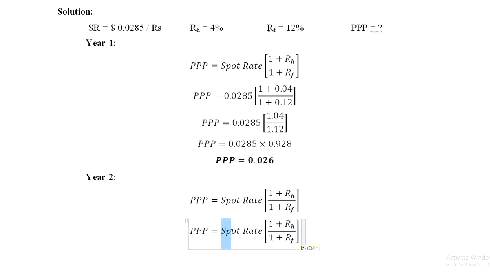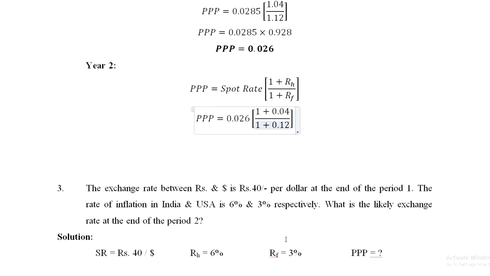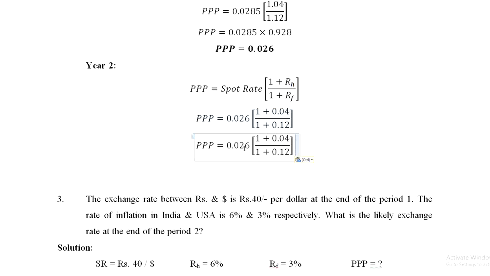So what we have to do is use 0.0264 as the spot rate. And what is the rate of interest? It is going to be the same rate of interest. He says 0.04, and this one is going to be 0.12. 1 plus 0.04 is 1.04. 1 plus 0.12 is 1.12.